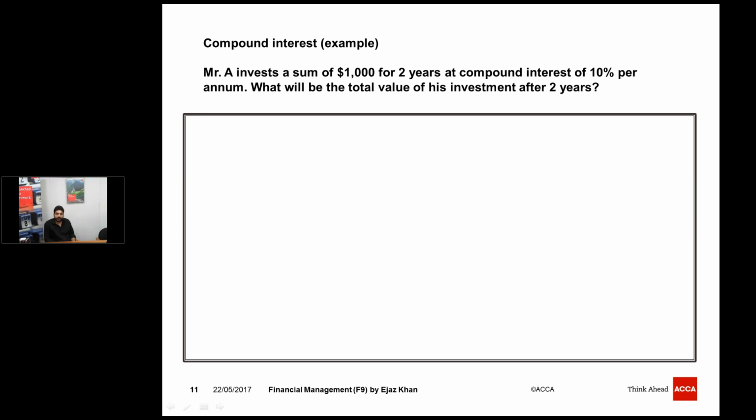What we have to study in this investment appraisal area are the techniques through which we will be able to analyze a project, evaluate a project, and reach a conclusion whether to accept a project or not.